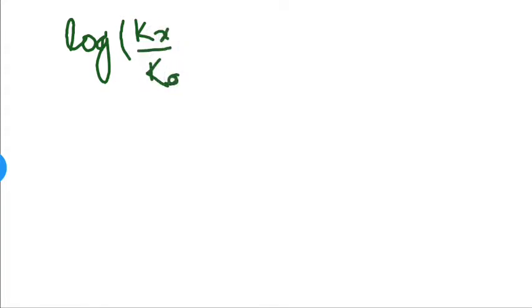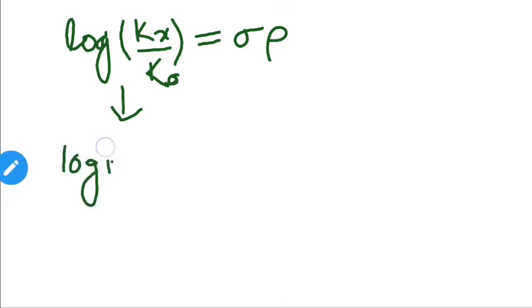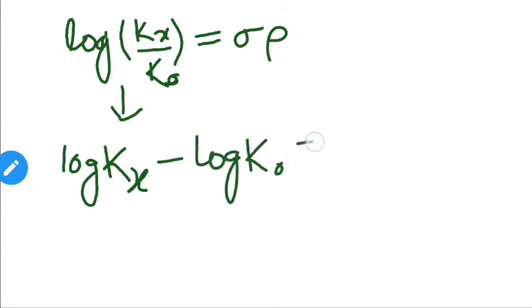This thing which we have written, log of Kx by K naught is equal to sigma rho, can be split up as log Kx minus log K naught is equal to sigma rho.